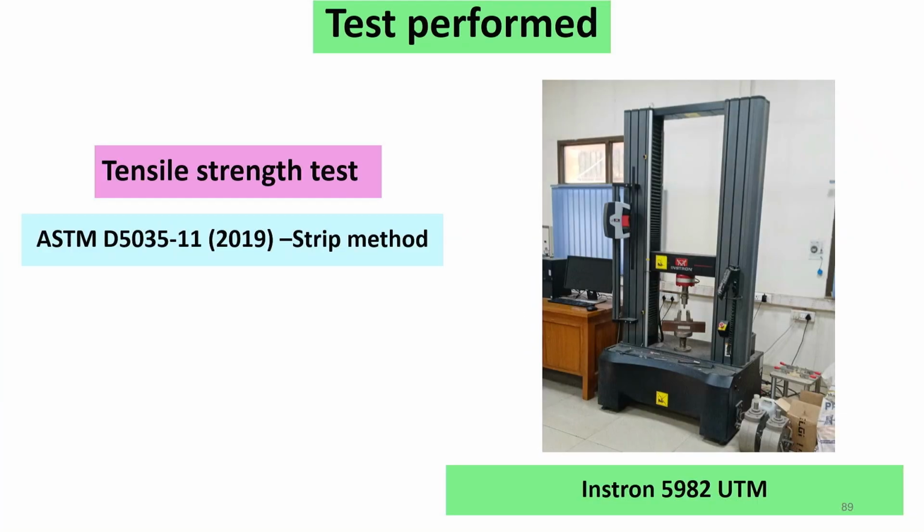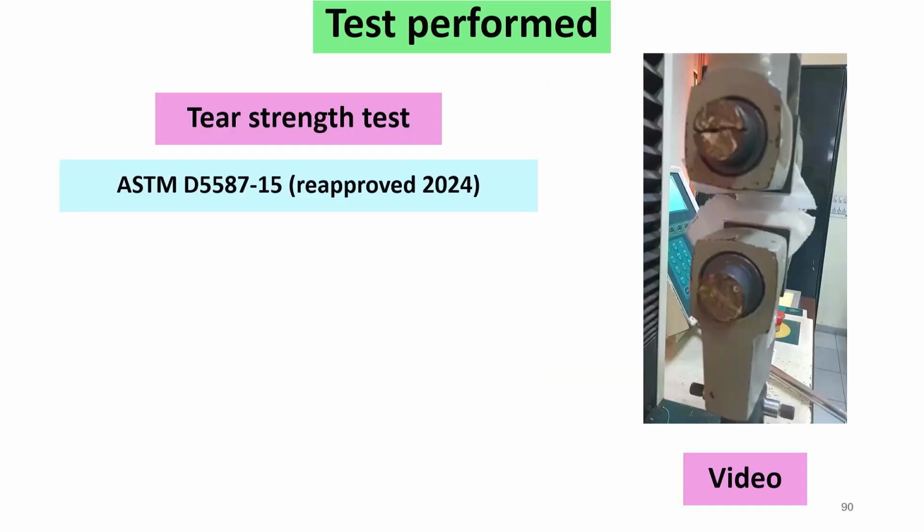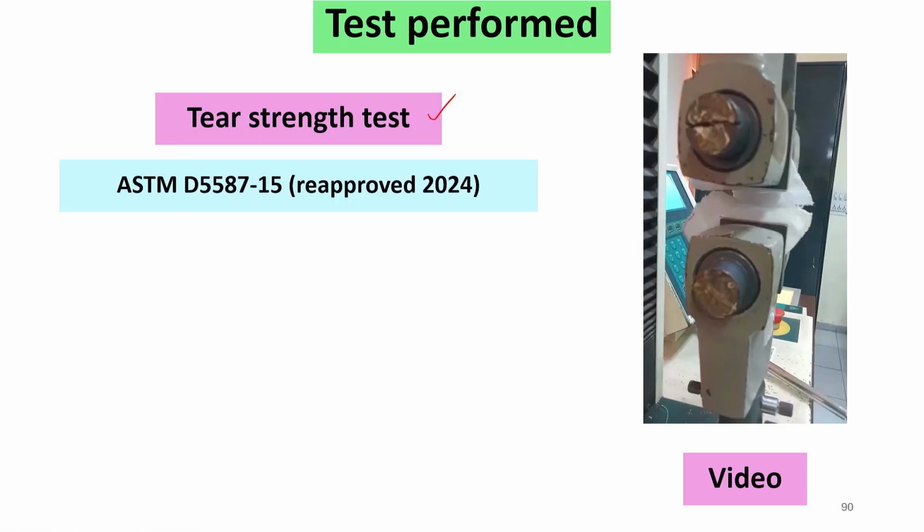Tensile strength strip tests were carried out using an Instron UTM. The strip test was selected because it requires a smaller sample size. An ASTM test standard was used to test the tear strength. Here we can see the tearing characteristics of the developed fabric.